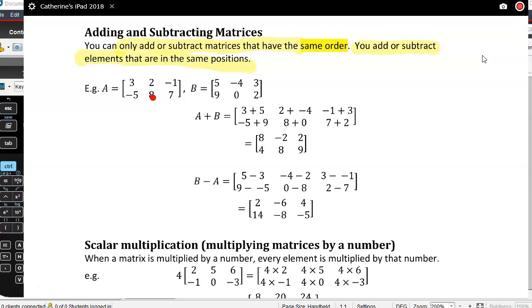I've got down here, I've got 8, I've got 0, so 8 plus 0, 8. So you are adding or subtracting elements that are in the exact same position. Okay, this is why you need the matrices to be the same order, so that you can add or subtract elements in the same position.